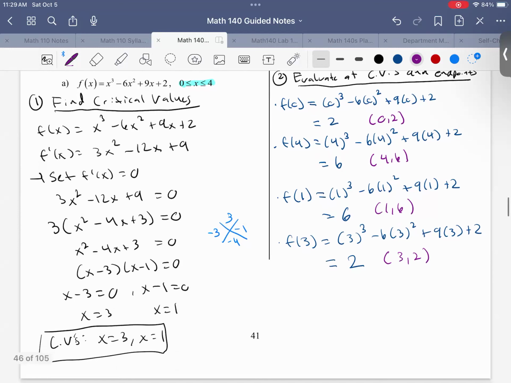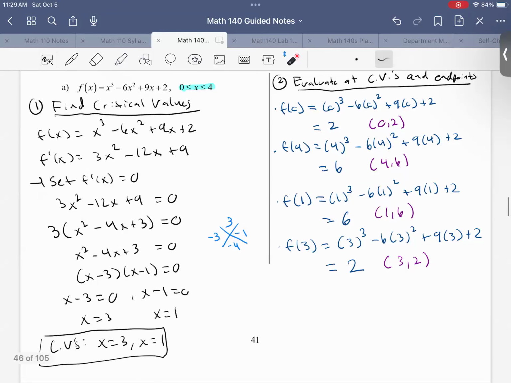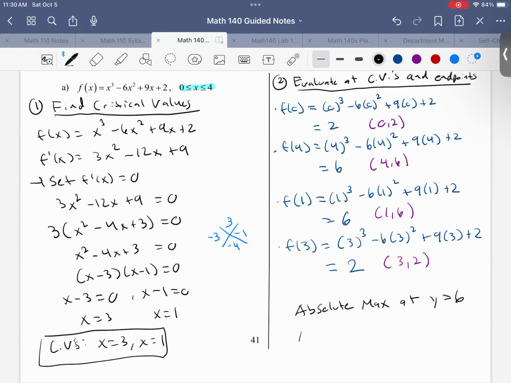Realistically, you're getting the same type of max or mins. So you would have an absolute max at y equals 6 and absolute min at y equals 2.